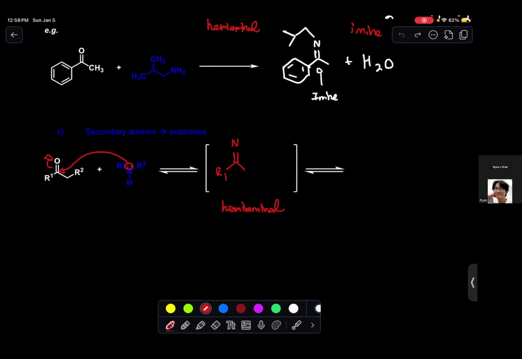Oops. Jumped the gun a little bit. Pops off over here in response. Then you're going to form an aminium ion.